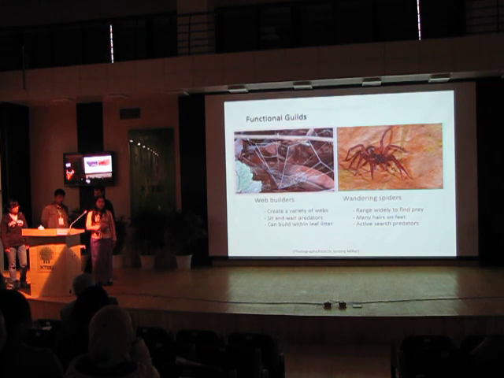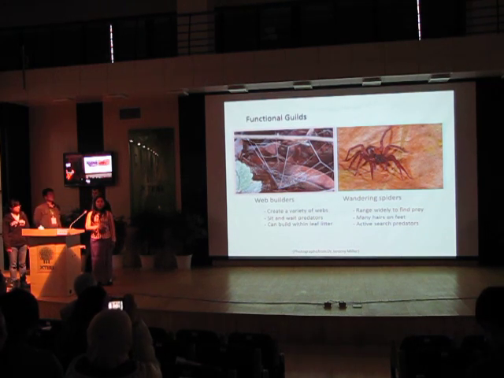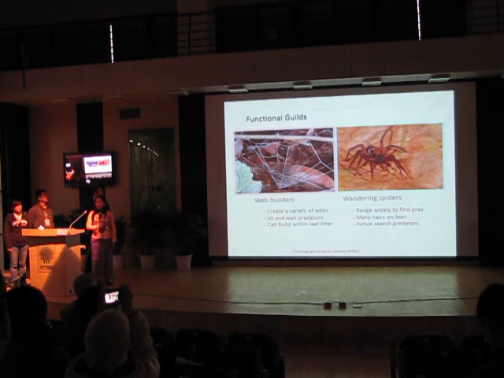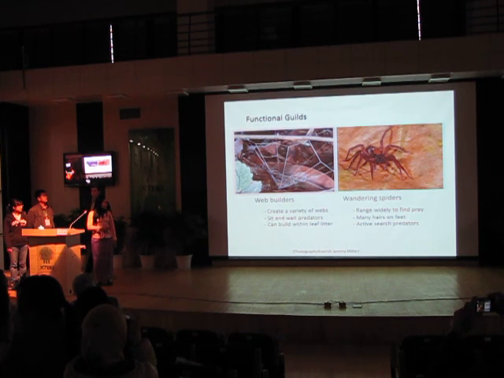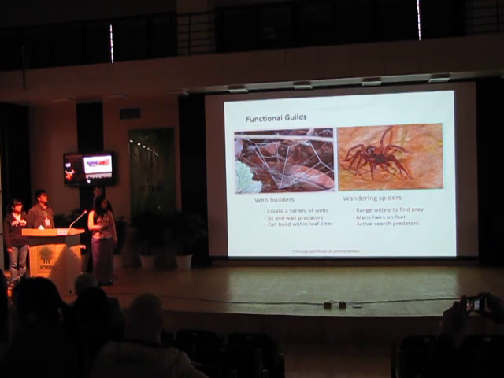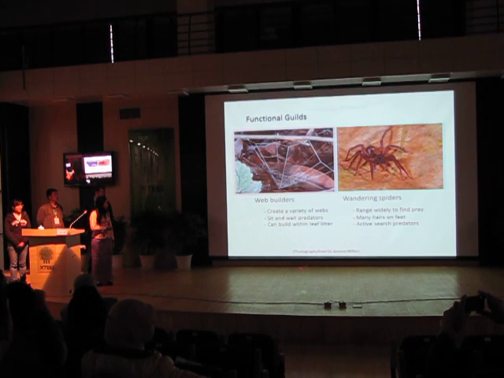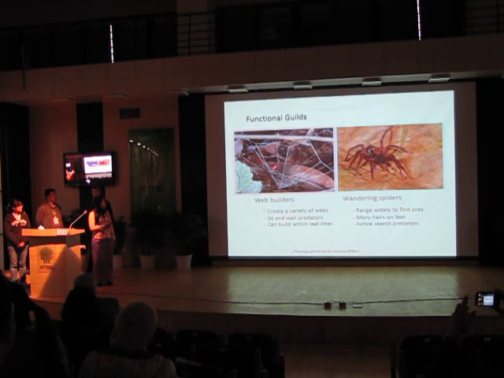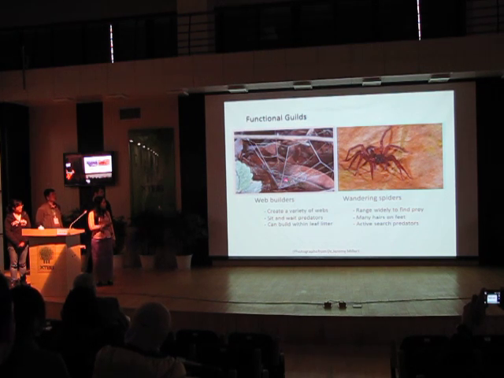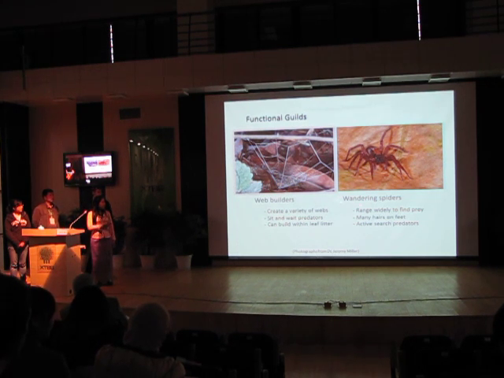From a functional view of the spider, we focus on two kinds of spider, the web builder and the wandering spider. The web builder creates a variety of webs and sits and waits, building within the leaf litter, while the wandering spider runs widely to find prey.